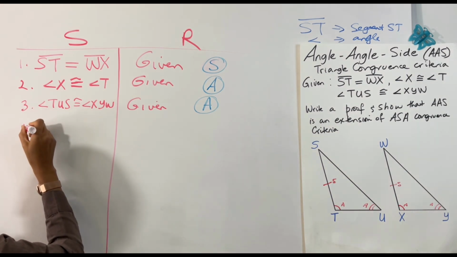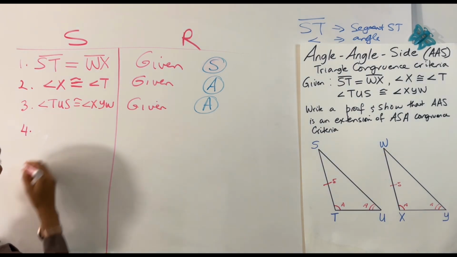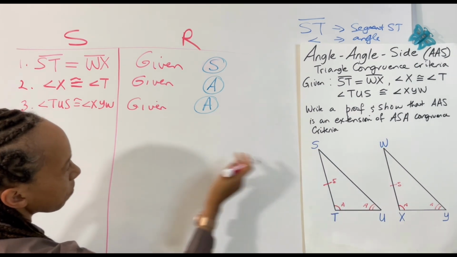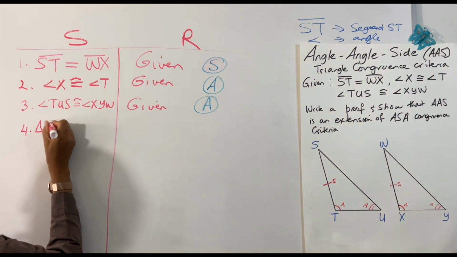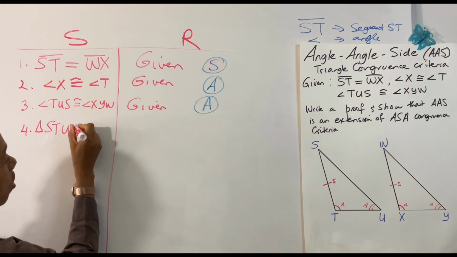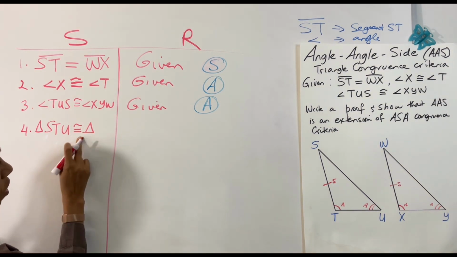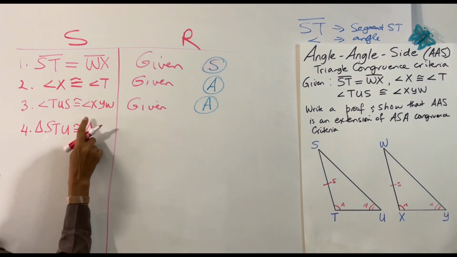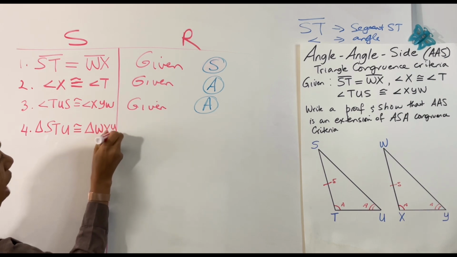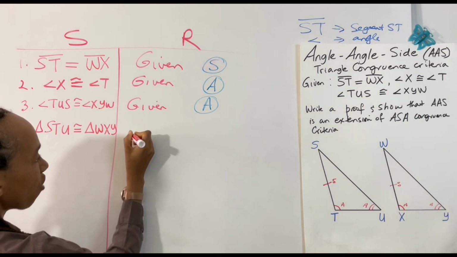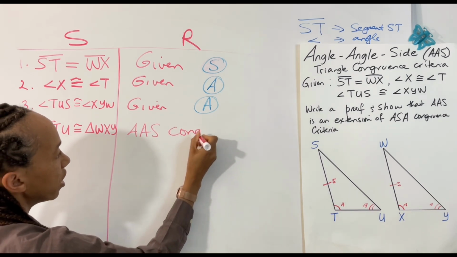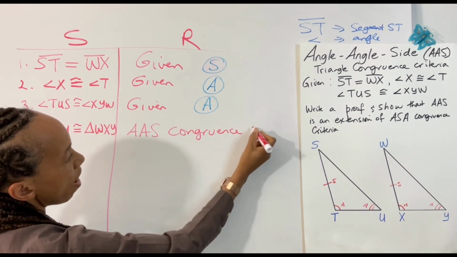So the fourth statement is that triangle STU is congruent to triangle WXY, and that is by the AAS congruence criteria.